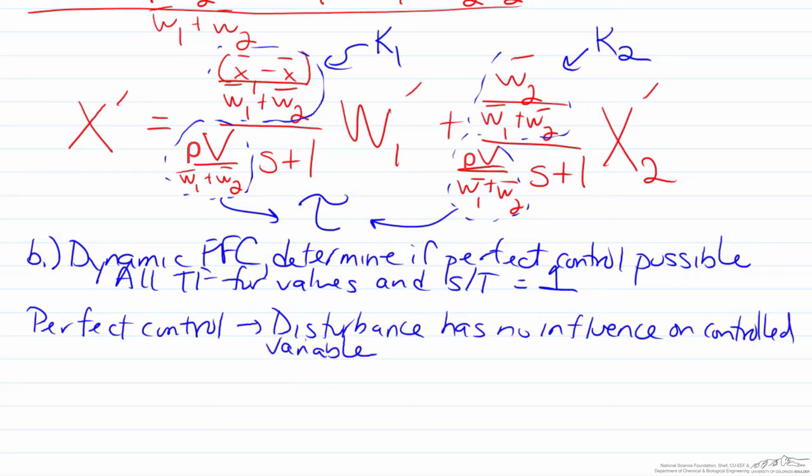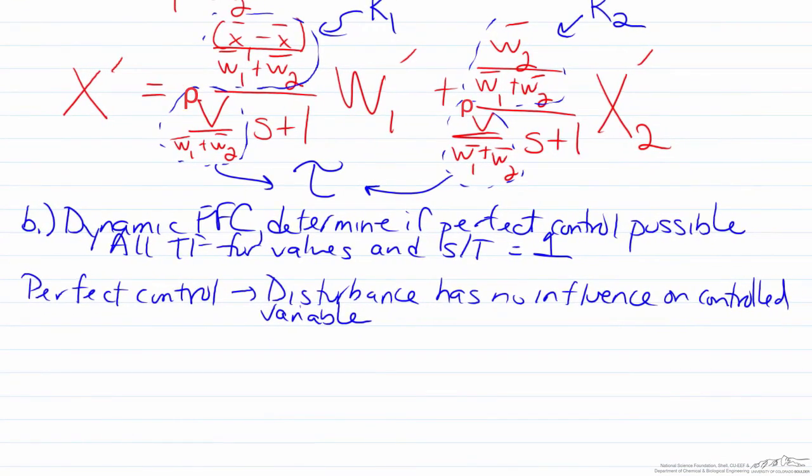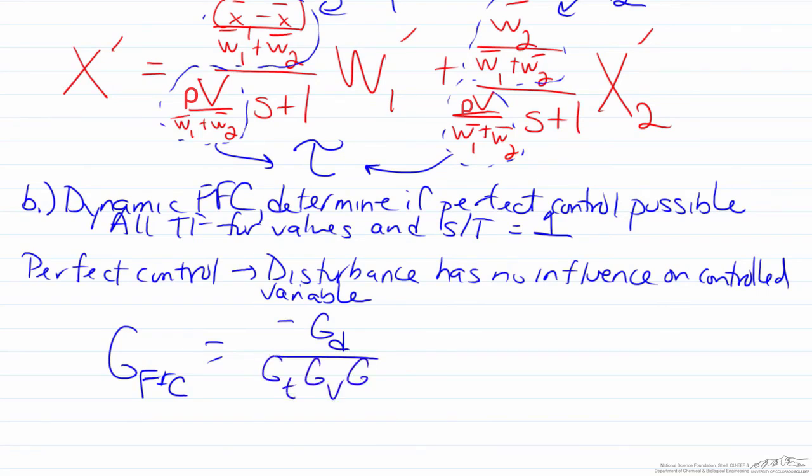So you can assess perfect control using block diagram analysis, which has been done in a separate screencast. We're not going to discuss that here, but what we know is that the transfer function for perfect control for a feed-forward controller can be defined as negative GD over GT GV GP.